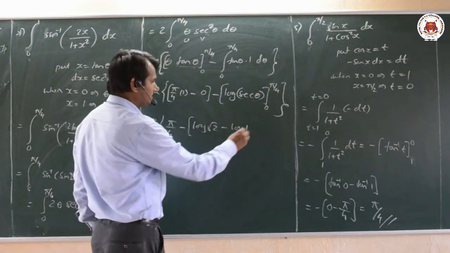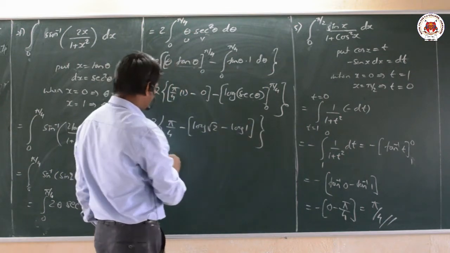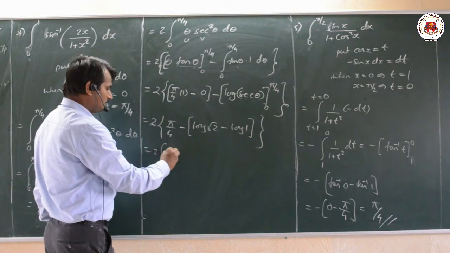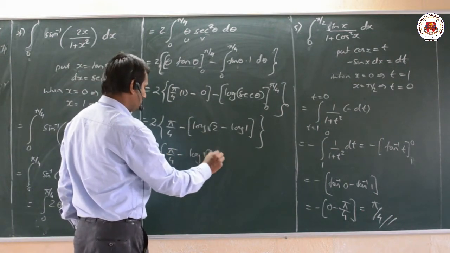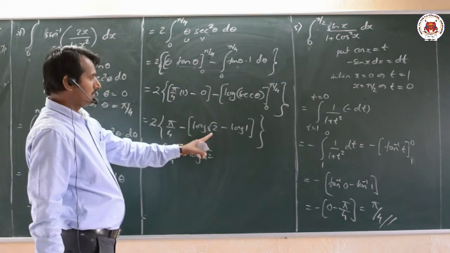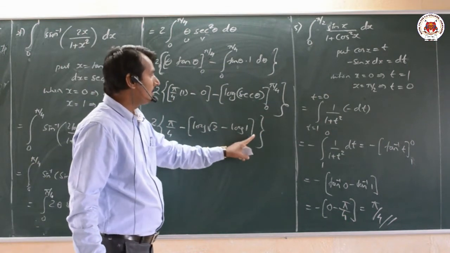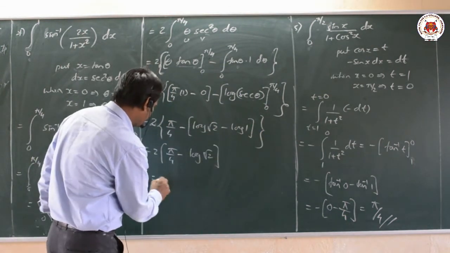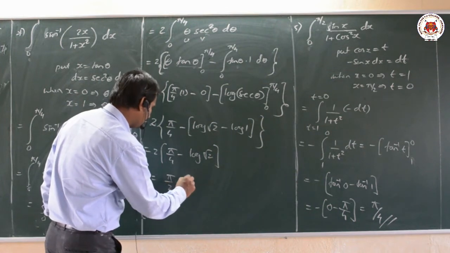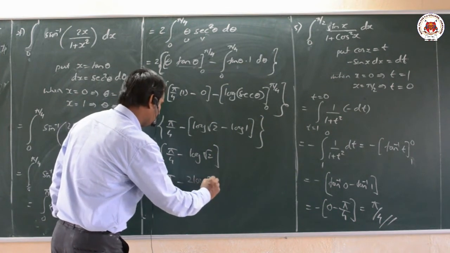That is for both upper and lower limits. Now what we get is 2 into pi by 4 minus log of root 2 minus log 1, and the log 1 value will be 0. So ultimately what we get here is pi by 2 minus 2 log root 2.